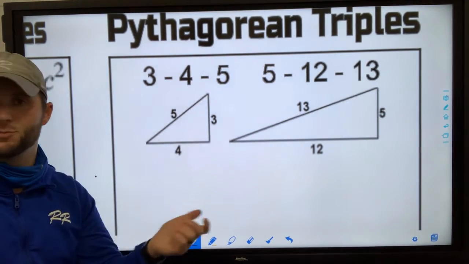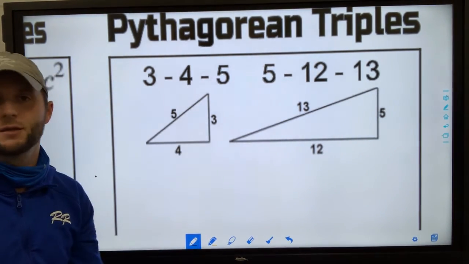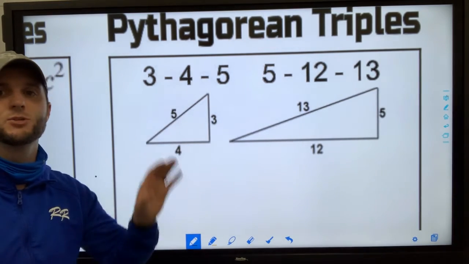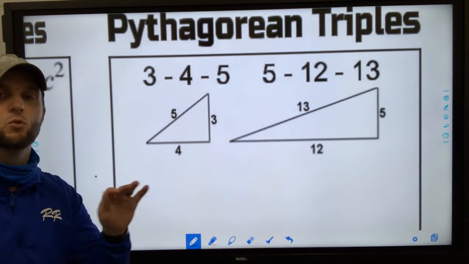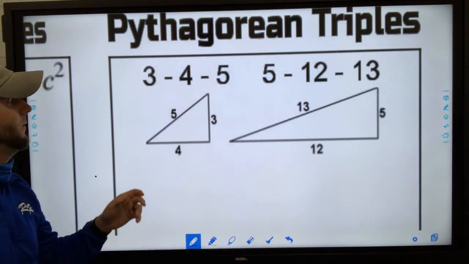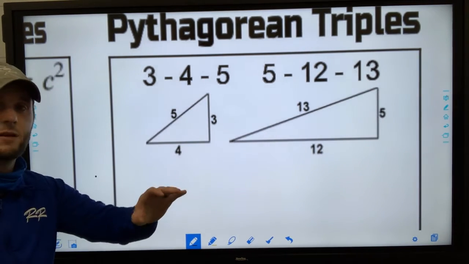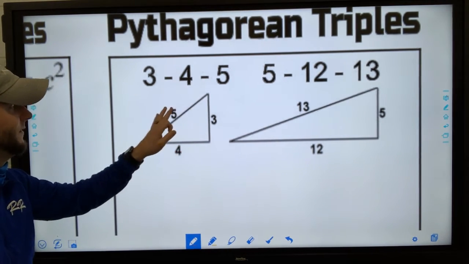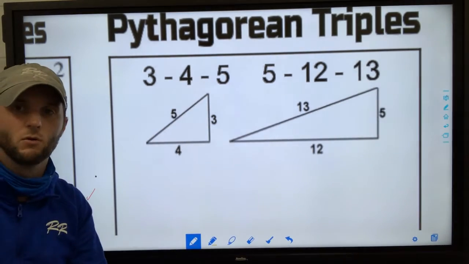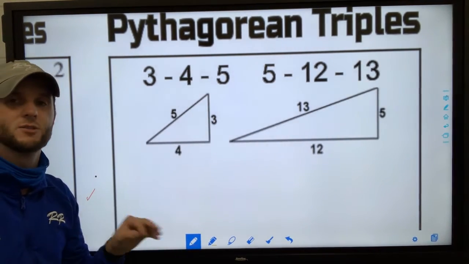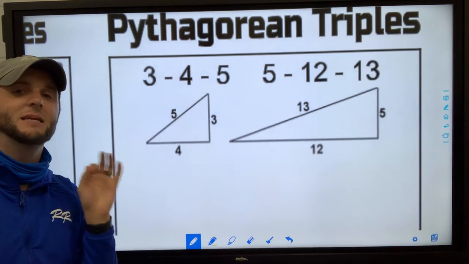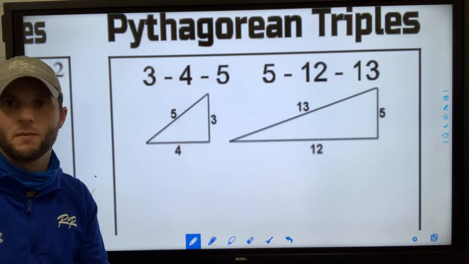If you go to Algebra 2, Calculus, or college math, these are well-known Pythagorean triples, and it would help to memorize them. That would be a 3, 4, 5 right triangle, with side lengths 3, 4, and 5, and a 5, 12, 13 right triangle. These are base Pythagorean triples that you can remember.